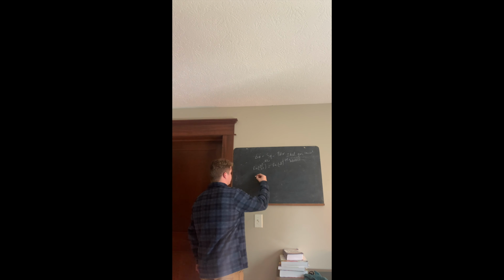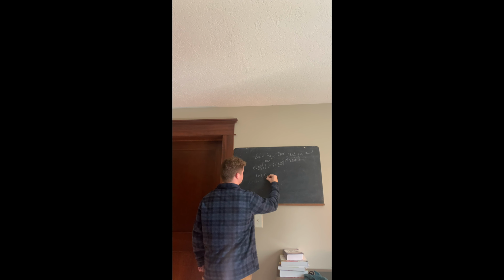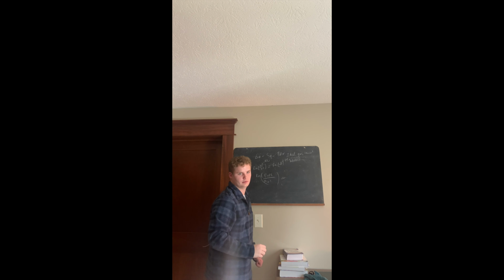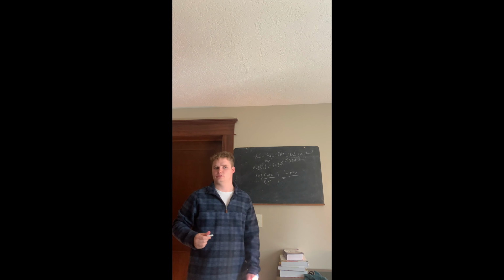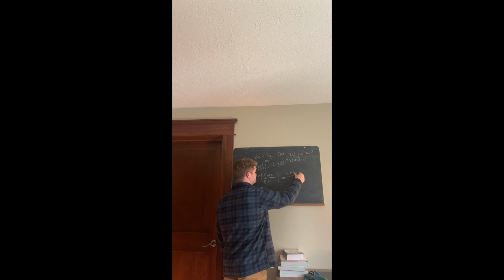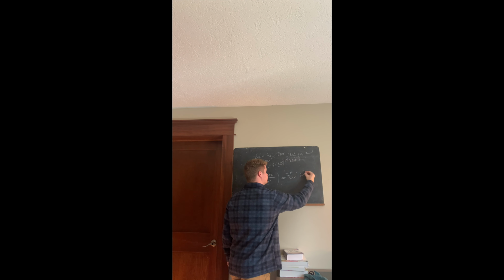To do that, we're going to do this. So ln P2V2 over P1V1 is equal to minus R over CV, which is then ln V2 over V1, okay?